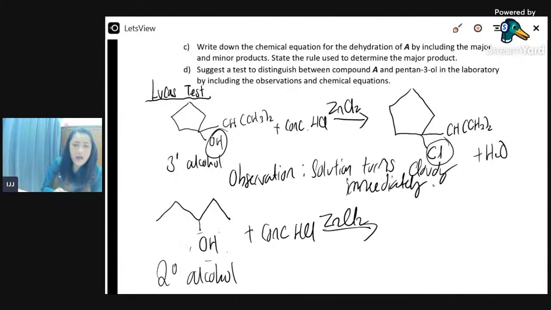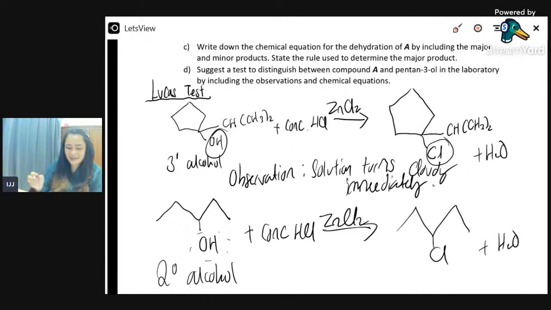Again the same thing. Your OH is substituted with Cl. So it becomes R-Cl, plus H2O. That's why you have a cloudy solution.